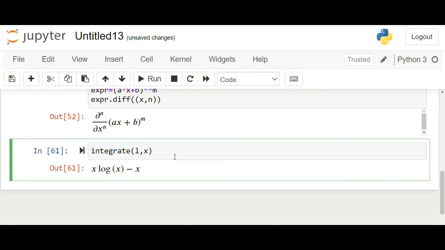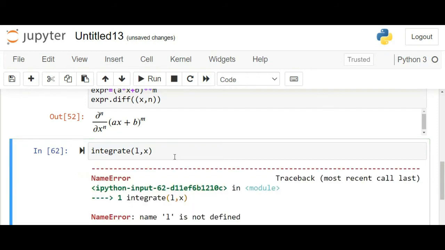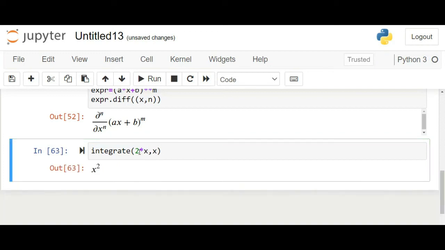Okay, for example, integration of 1 with respect to x is not working. Integration of, for example, 2 multiplied by x with respect to x, which is x square.